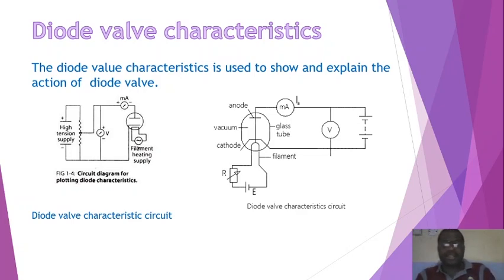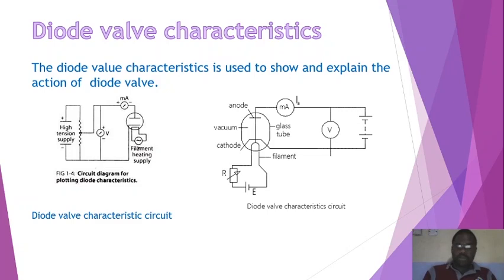Now, the characteristic circuit shows how the variation of the potential difference across the terminals of the diode valve will vary with the current that will be generated across the terminal. This is the characteristic circuit, and it represents the forward bias nature of the diode valve.